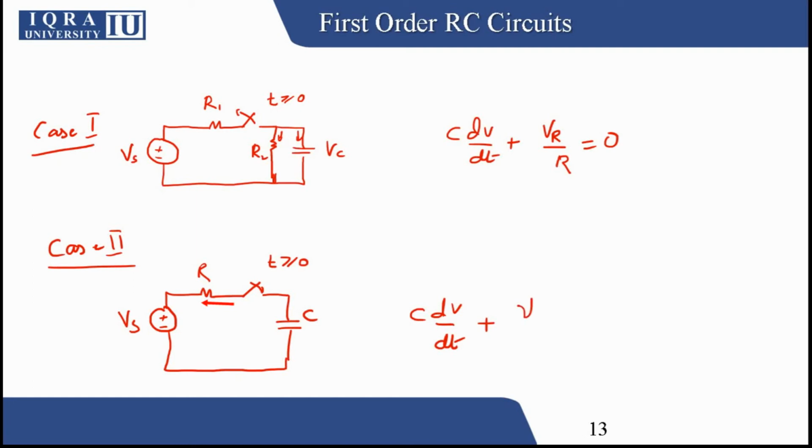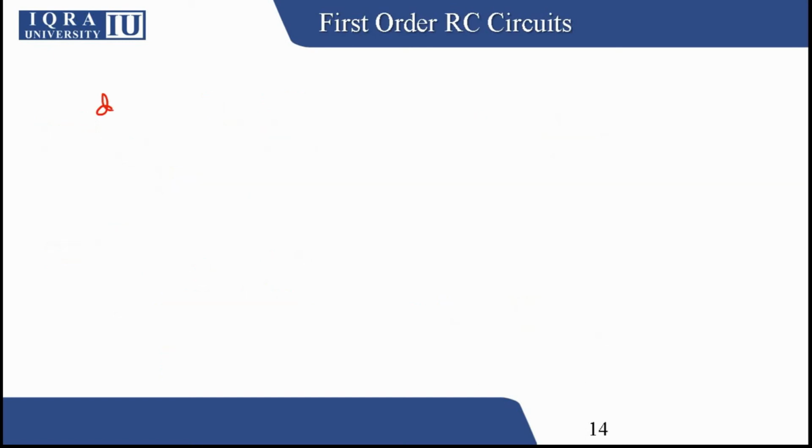This is the initial voltage of the capacitor, V, and then we have Vs. To make it easy, this is the voltage of the capacitor, Vc, so Vc minus Vs divided by R equal to 0. So we can say that dVc divided by dt equal to Vc divided by Rc equal to Vs divided by Rc.